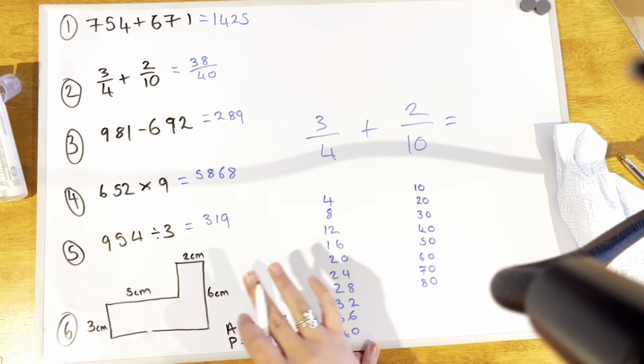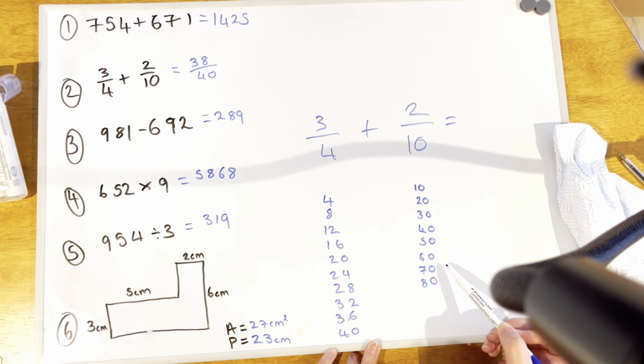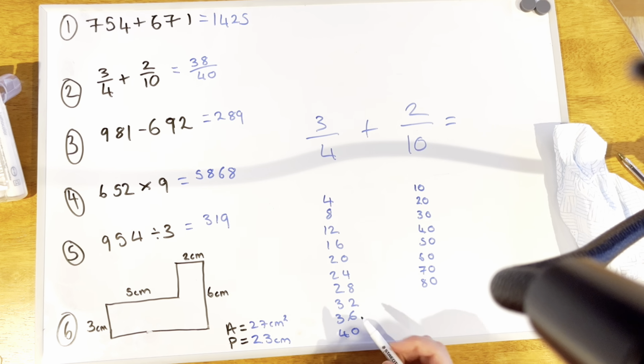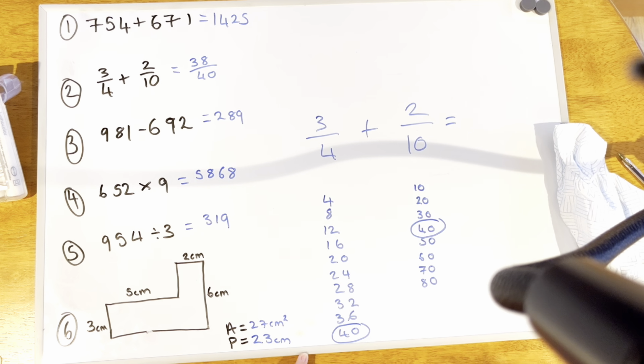Okay, now we're going to compare and see if we can find any multiples that are in both times tables. Can I spot any? Oh, yes I can. 40 is in both of my times tables. So I know then that I can rewrite my question with my denominators being 40.